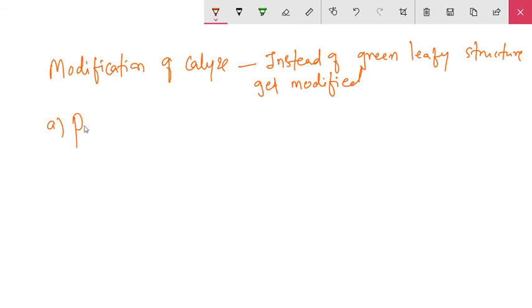Number one, petaloid. Okay. आता या ठिकाणी पेटॅलॉइड म्हणजे काय? तर कॅलिक्स कसा असतो जनरली ग्रीन and leaf like. Okay. But sometimes it becomes colored and the large in shape. Okay. हा कसा असतो?